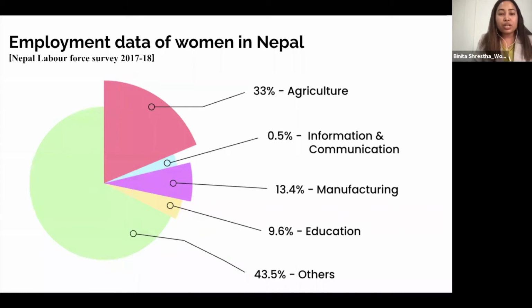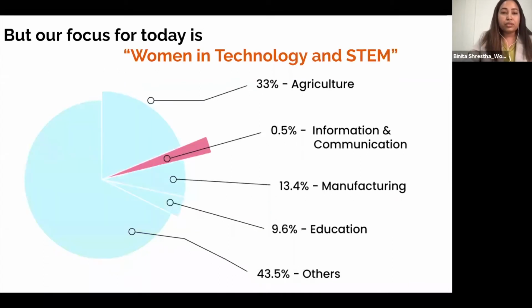Manufacturing here includes the production of knitted materials, wood crafts, pottery, and other things. So focusing on ICT, we have just 0.5% of women representation, and this is the major reason why we are here today.